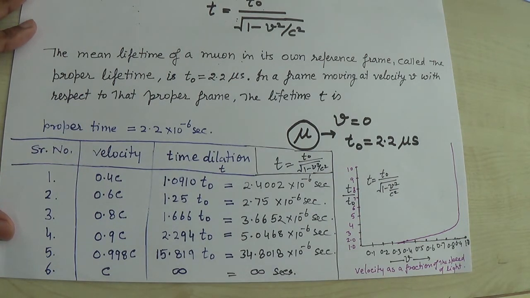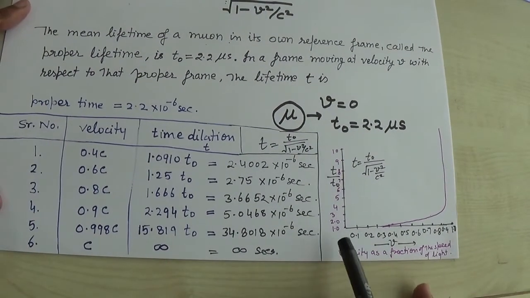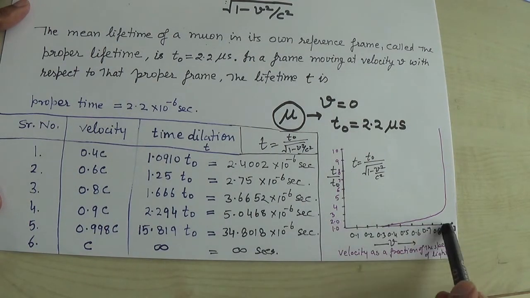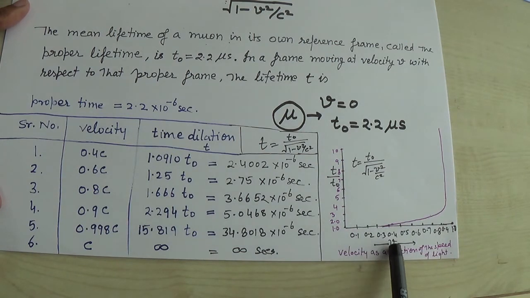The point is shown with this graph. On the x-axis I have taken v, the relative velocity as a fraction of the speed of light, and on the y-axis t upon t naught. So how does this vary? At v equal to 0.3 c, 0.4, 0.5, 0.6, 0.7, the ratio between t and t naught is increasing.